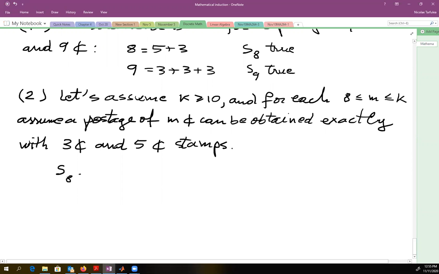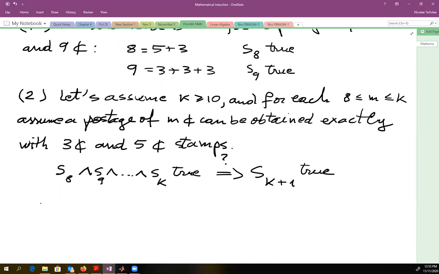And S9, up to Sk is true. This is what we assume. And the question is, does this imply Sk plus 1 is true?